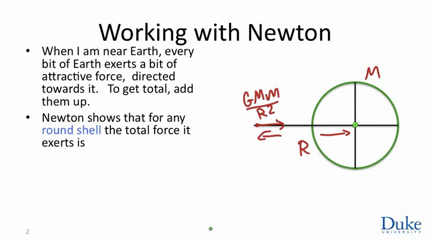The force is the same, therefore, as would have been created by eliminating the shell and replacing it with a mass m located at the center of the circle.